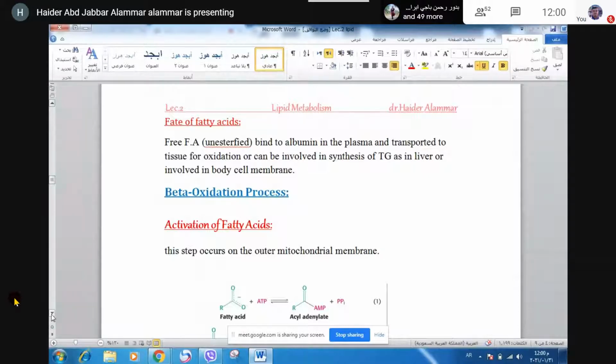Lipid catabolism, lipolysis: triglyceride is catabolized, breaking down to glycerol and free fatty acid.